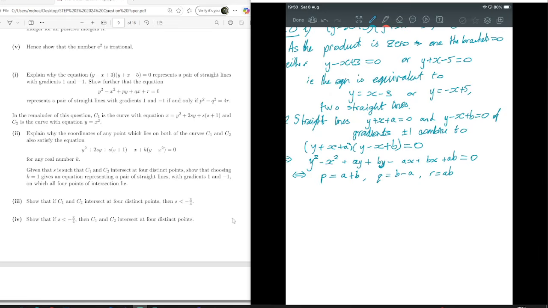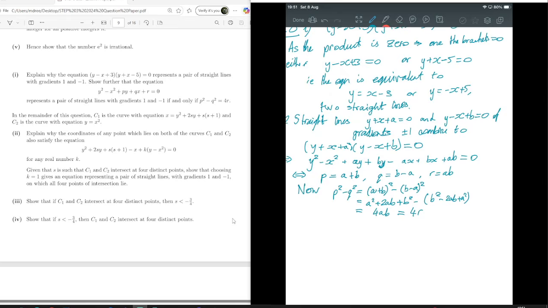So now p squared minus q squared can be expanded and simplified. It is a squared plus 2ab plus b squared minus b squared minus 2ab plus a squared. The a squareds and the b squareds cancel. I'm left with 4ab, which is equal to 4r. So if we were 2 straight lines, we've shown that that condition holds.